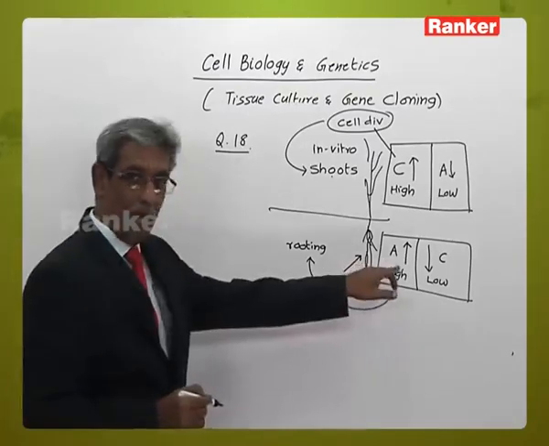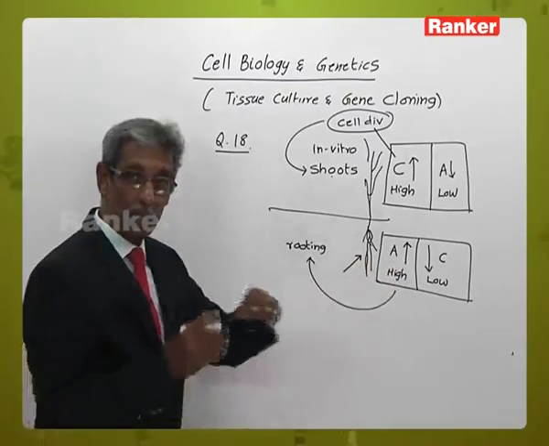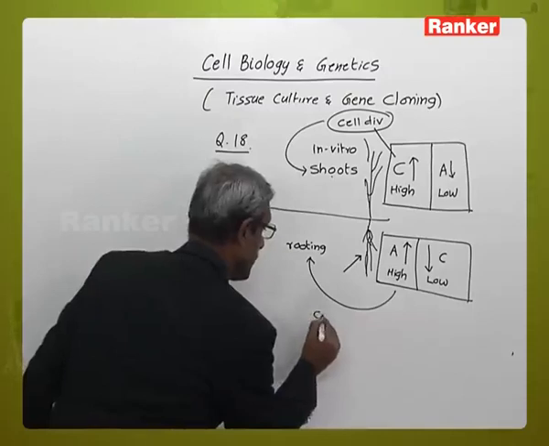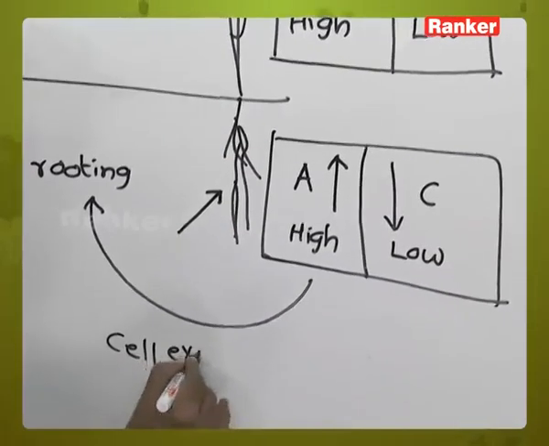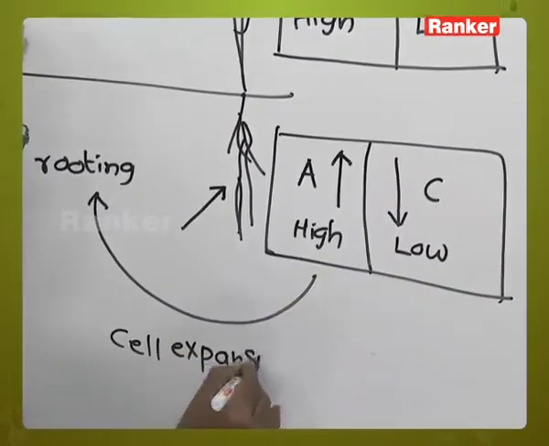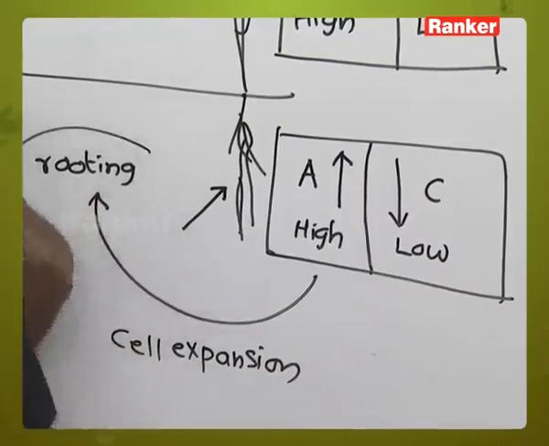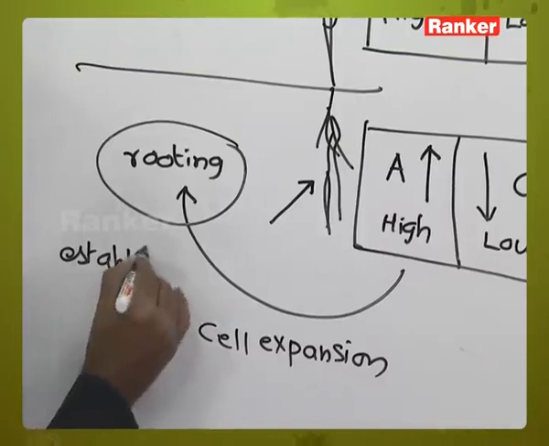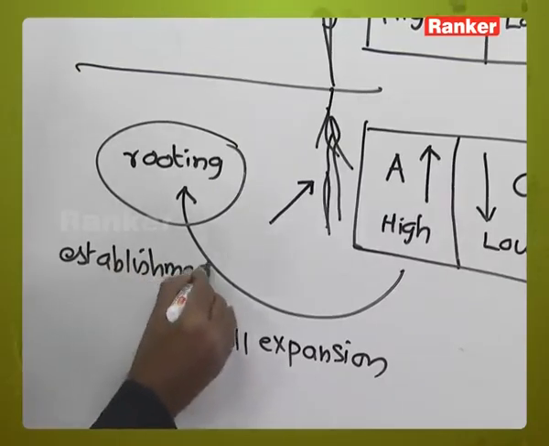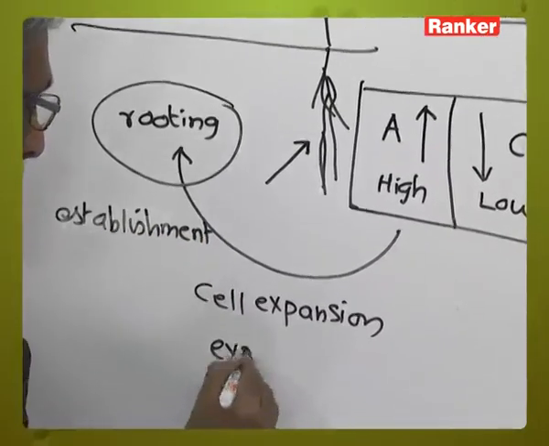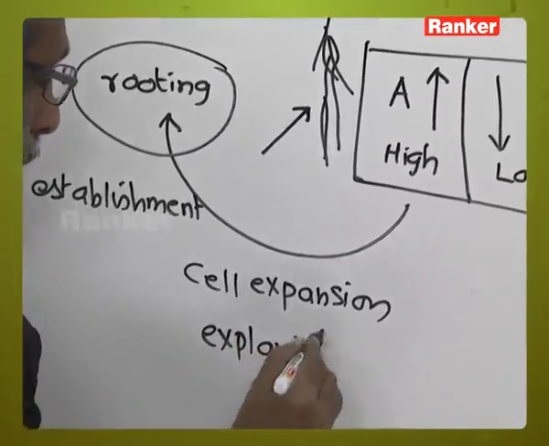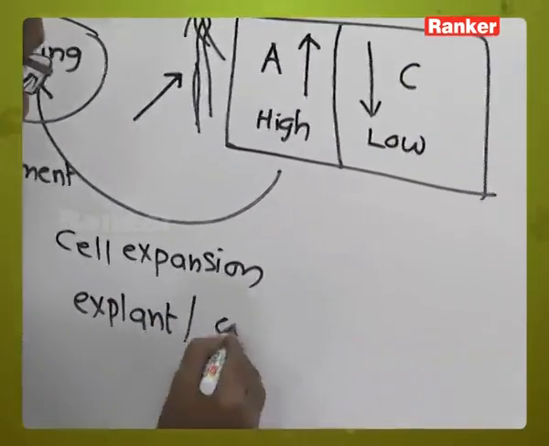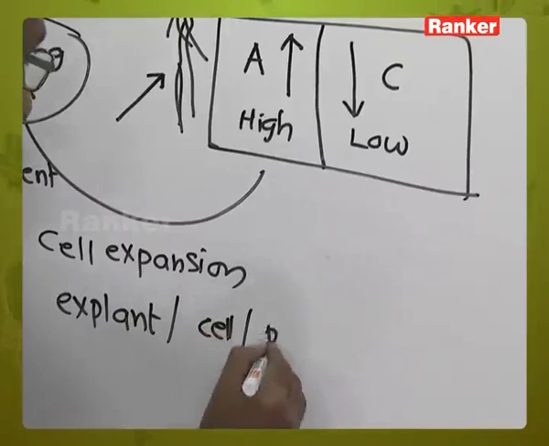Whereas, when you take high auxin, auxins cause cell expansion. So, roots are very important, especially for establishment of either the explant or the first cell or the plantlet.